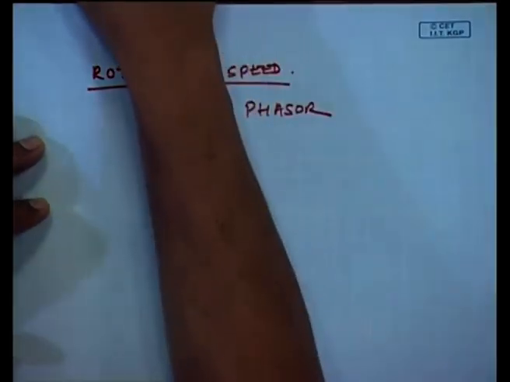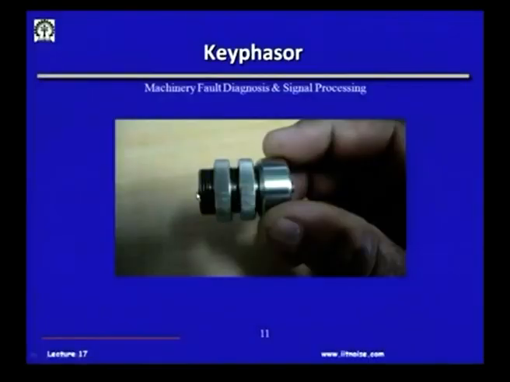What essentially you have is, you see there is a coil inside it, and once the shaft is rotating, of course, I do not have a shaft here, because of the keyway, the gap between the keyway and this is going to reduce every revolution, right. So, because this gap is reducing, you will get a flux. So, you will get a spike.